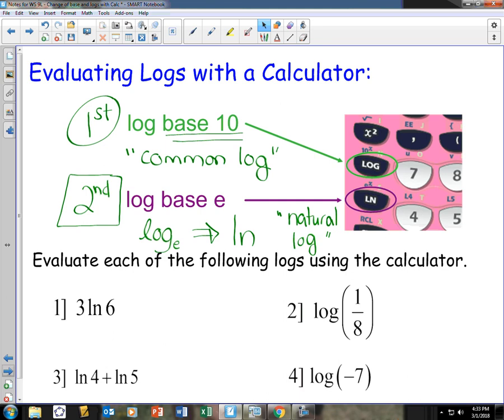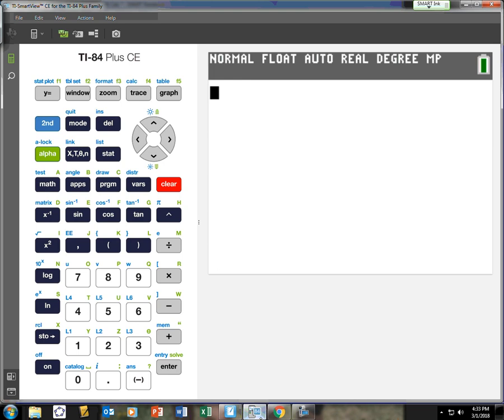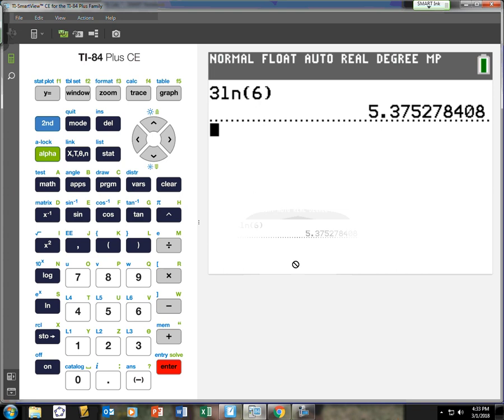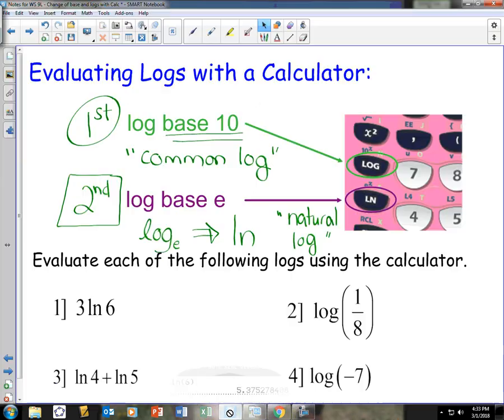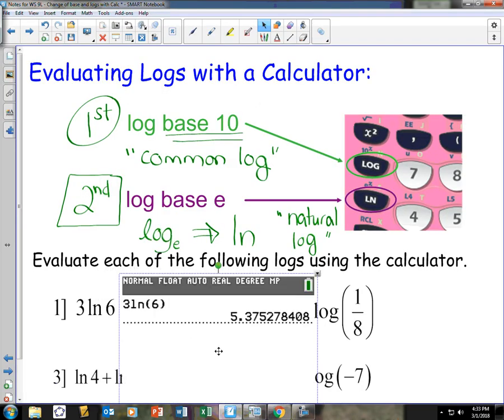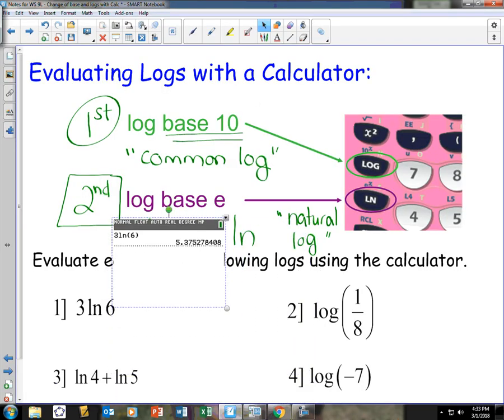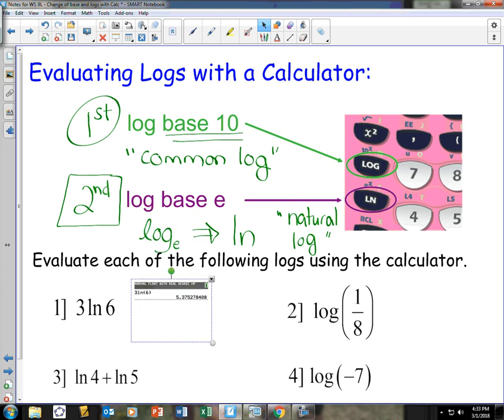If I go to the calculator, I've got 3 natural log of 6, close the parentheses, and I get 5.375. There's my result there. It's pretty straightforward.